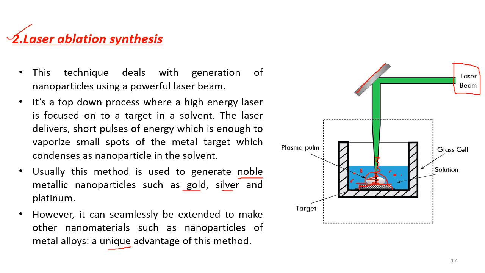This has to be done in an inert gas atmosphere without contamination, and maintaining that atmosphere again requires a set of equipment. That is again a costly affair, where a vacuum pump or vacuum creation zone has to be generated, and basically this is done for preparing the nanoparticles in a solvent.